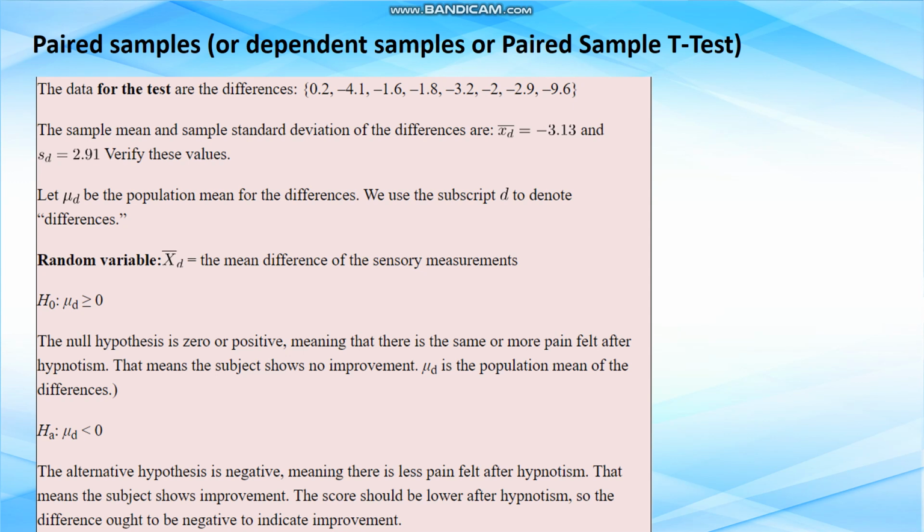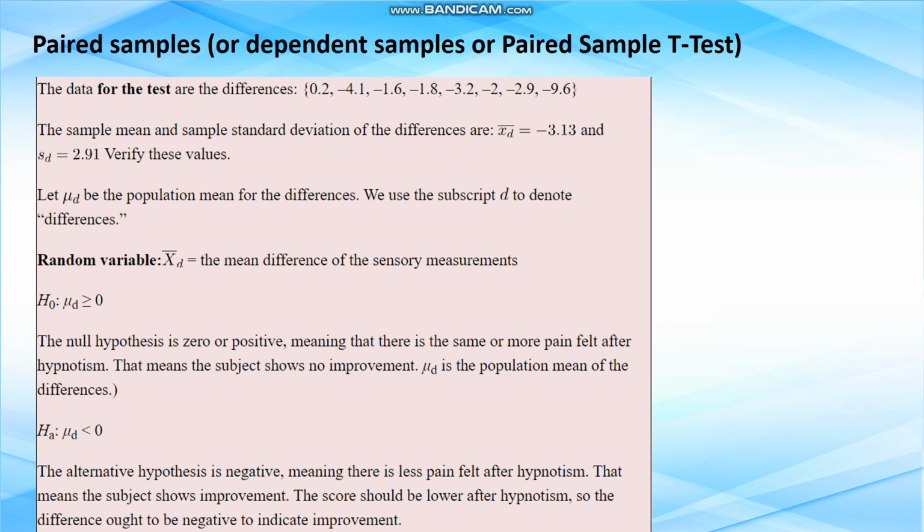The sample mean and sample standard deviation of differences are x bar d. You compute x bar d: 0.2 plus minus 4.1 plus minus 1.6, and so on, and finally divided by 8.